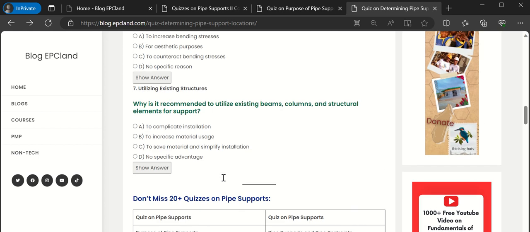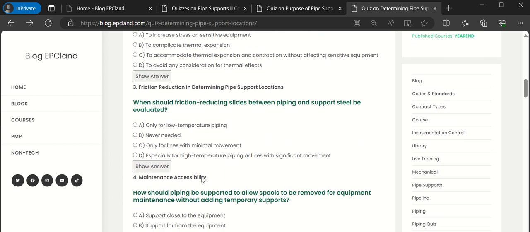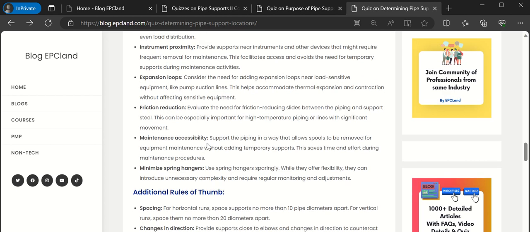If you look at this picture here, there is a support between this T member and pipe. So we are talking about this friction, right? First we need to check whether we need any friction reduction between pipe and support steel or not. If required, we can provide those.